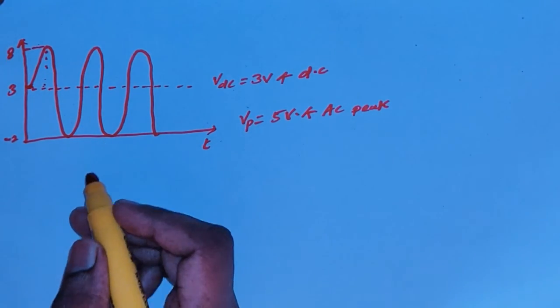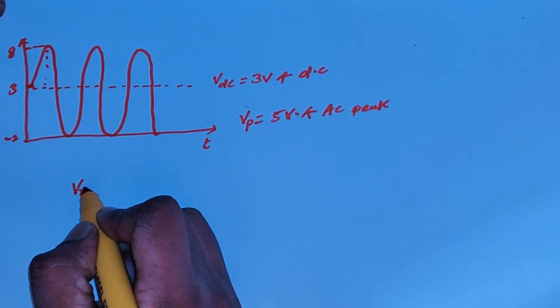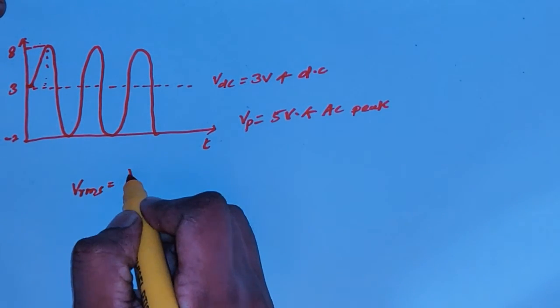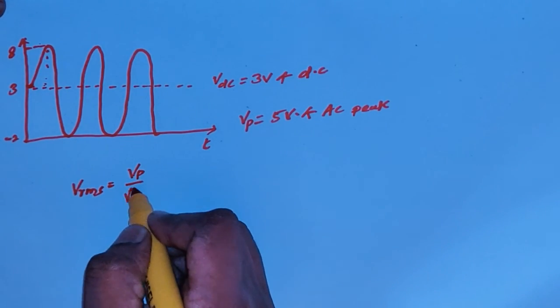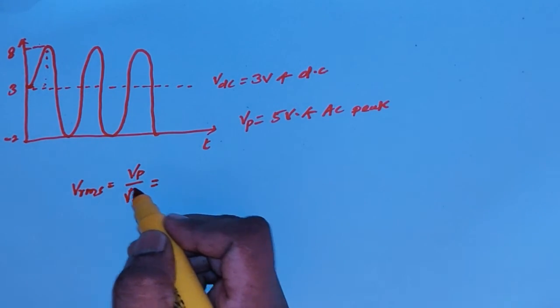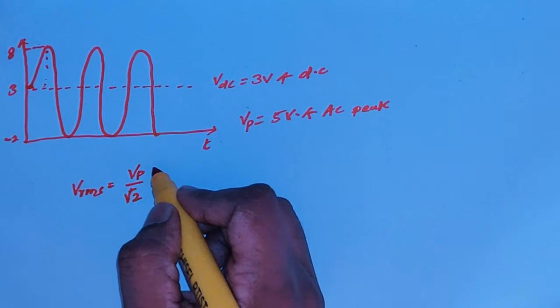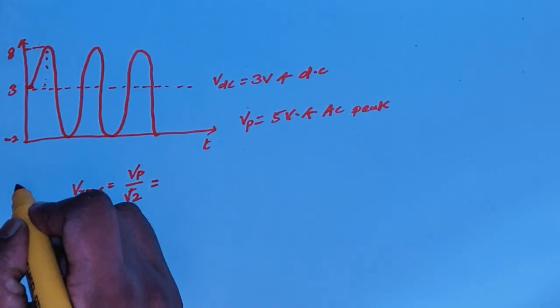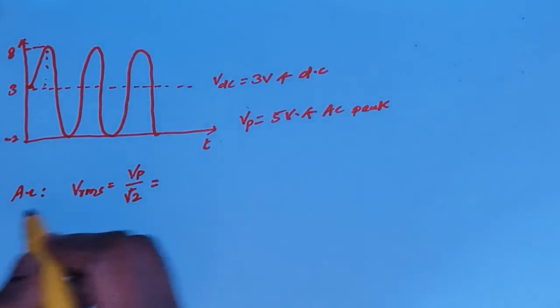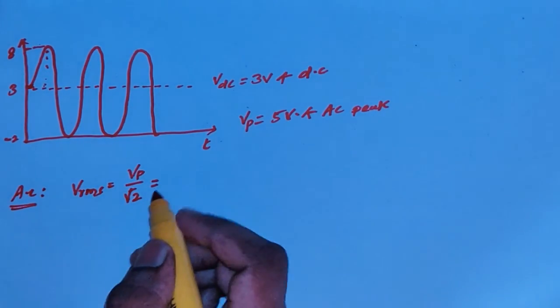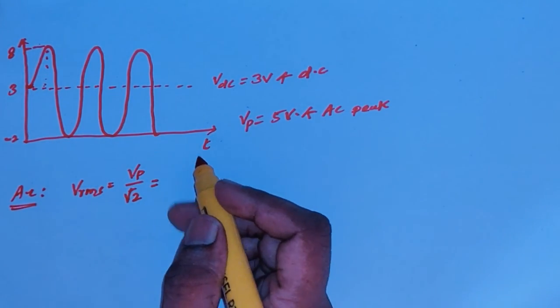So the Vrms voltage should be equal to Vp by square root of 2. This is the value for the root mean square voltage for the AC. Now we are doing the calculation for the alternating current through the resistor.